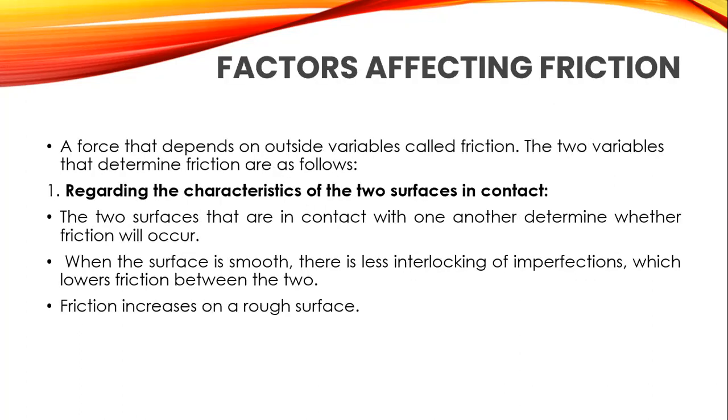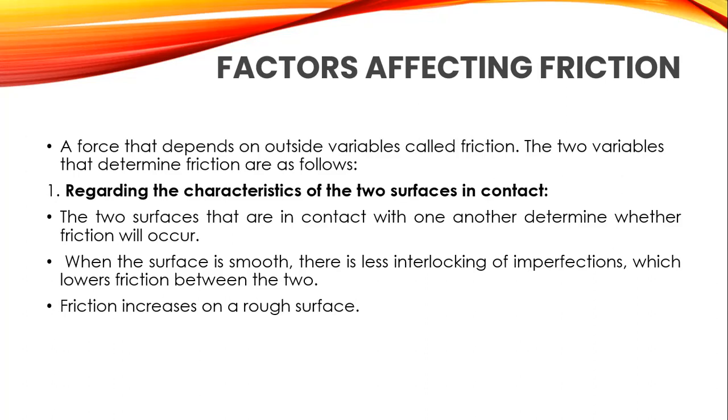What are the general factors which affect friction characteristics on any mechanical medium subject to dynamic motion? There are two basic variables taken into account. One is the characteristics of the surface. On a smooth surface, the friction coefficient will be far lower compared to a rough surface.